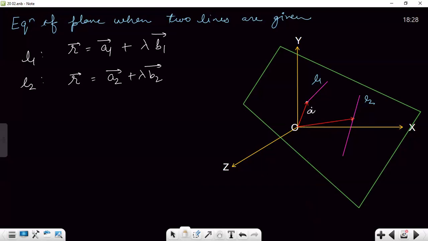So this is the a1 vector, this is the a2 vector. These 2 points are existing on these lines.